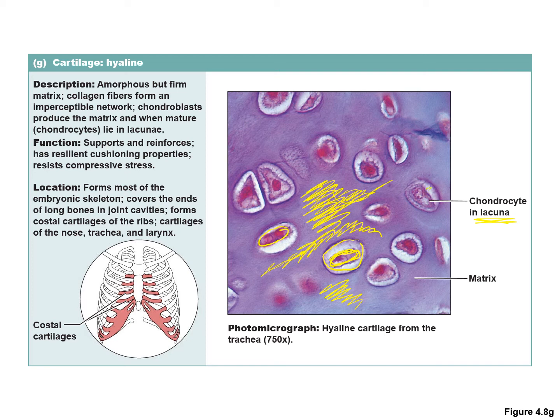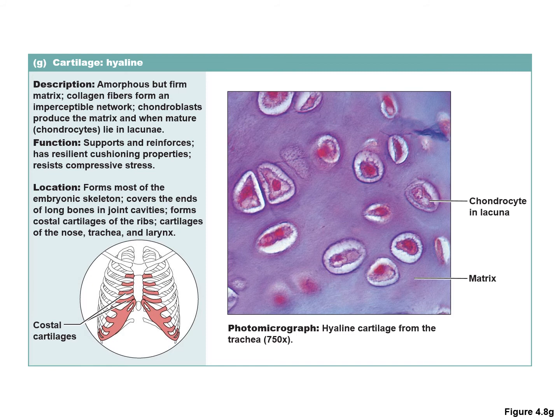A lacuna provides this extra fluid surrounding a cell. You guys remember that animal cells must be surrounded by fluid, otherwise they will die. And because the matrix is pretty hard in cartilage, we have this lacuna to give us this extra fluid surrounding the cell. So the function: supports and reinforces.